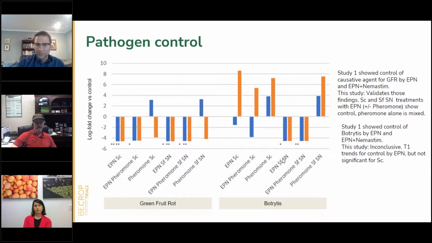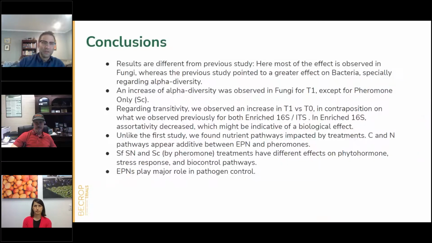And then in this case with botrytis, we're seeing just the Feltiae is really having the impact, and the Feltiae with the pheromone having the impact on botrytis. So this is just showing how the pheromone and the nematode are actually having different impacts on the soil microbiome as we move through these 4 weeks of this study.